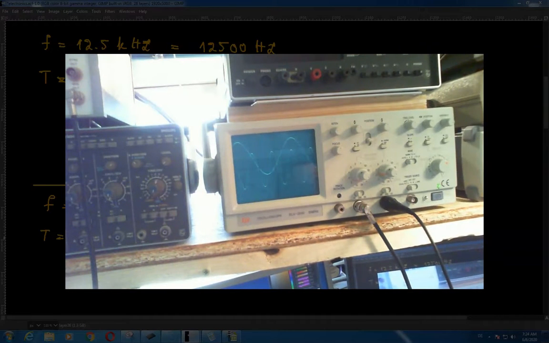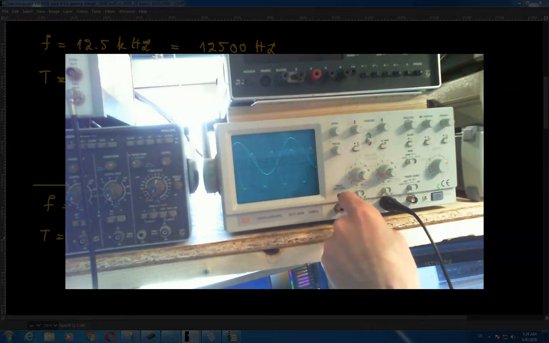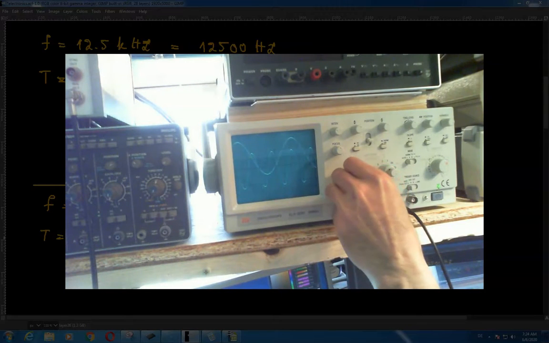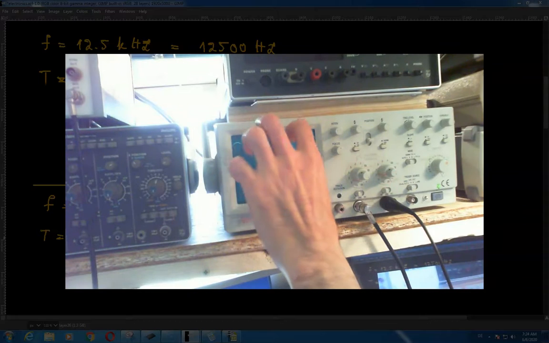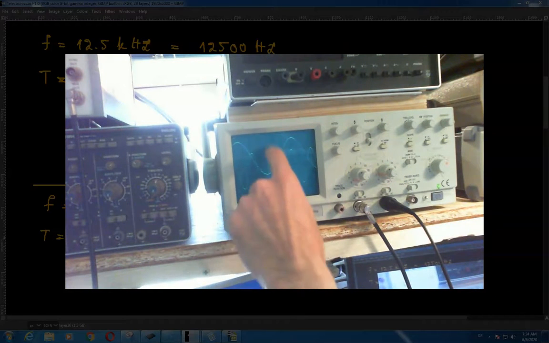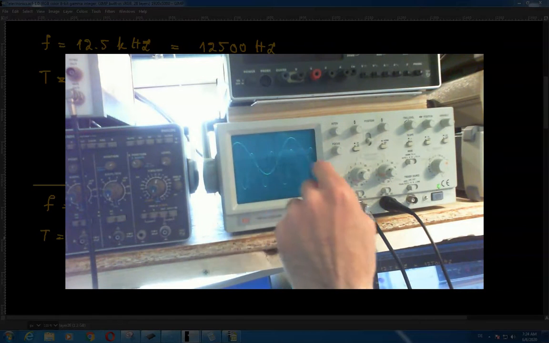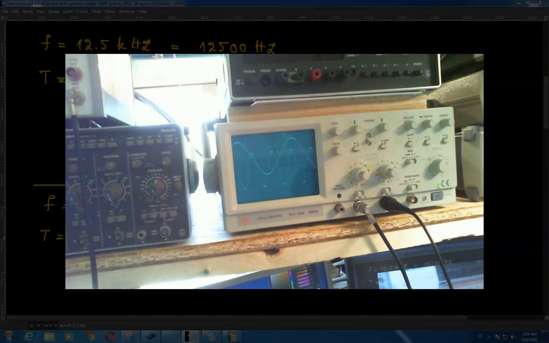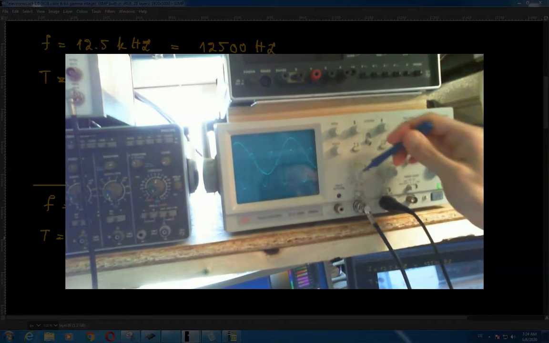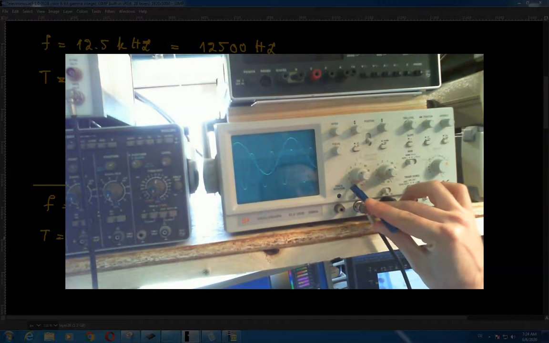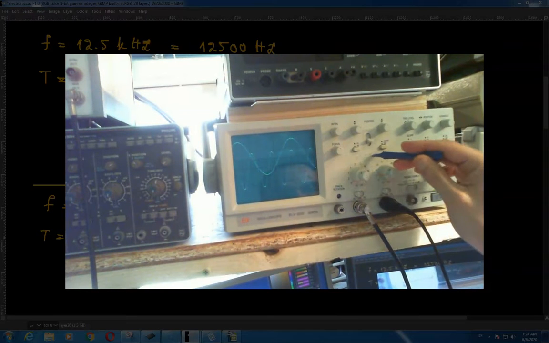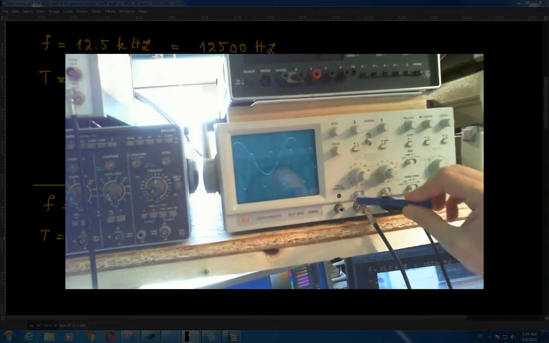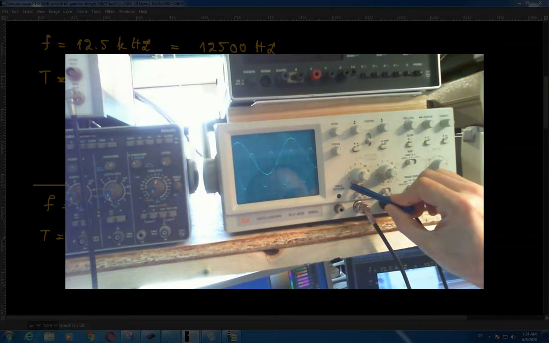Okay. Then you have this knob over here, and you can see as I change it, the amplitude of the signal changes on the screen. The way you use this is the volts per division setting.